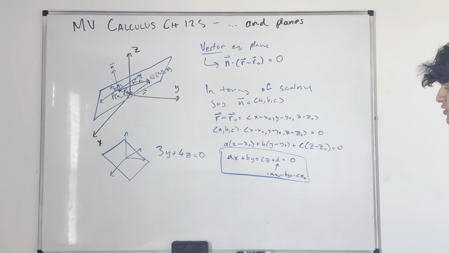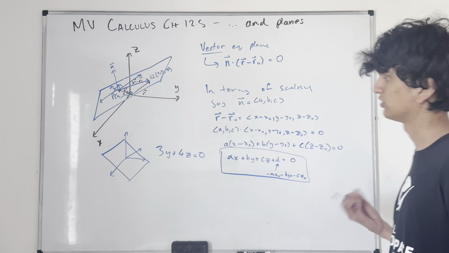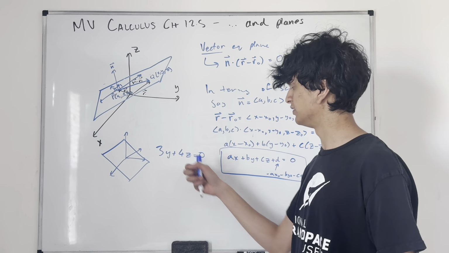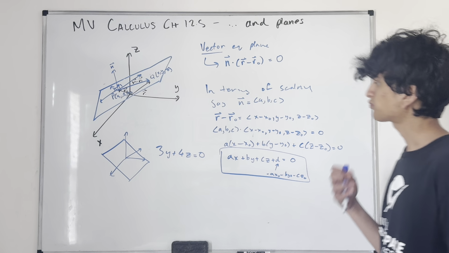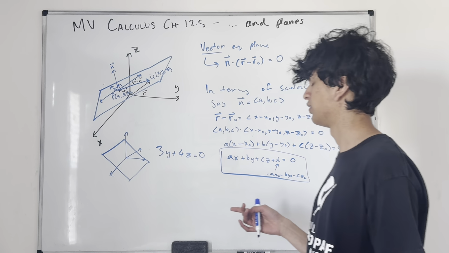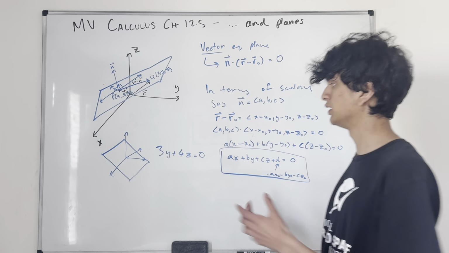The D gives us an idea about what point it's passing through. I know that if x is 0, y is 0, z is 0, then it's going to be equal to 0.